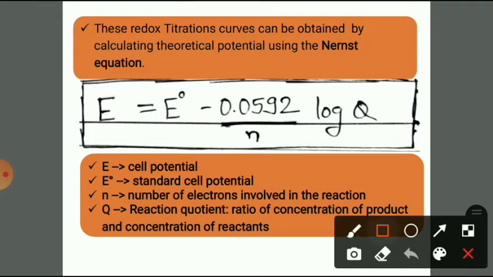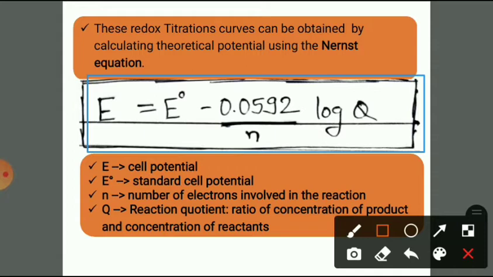So this is the Nernst equation: E equals E0 minus 0.0592 divided by n into log of Q. Here E is nothing but the cell potential or E system.